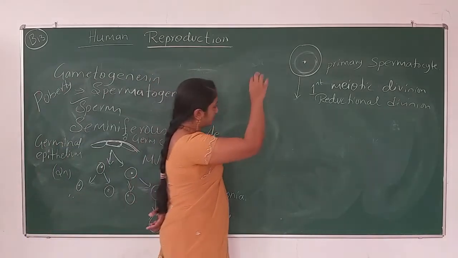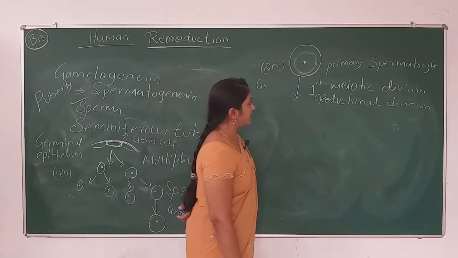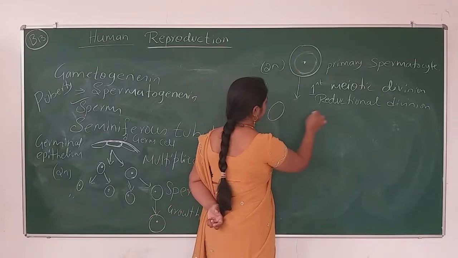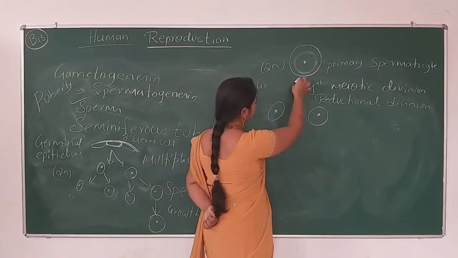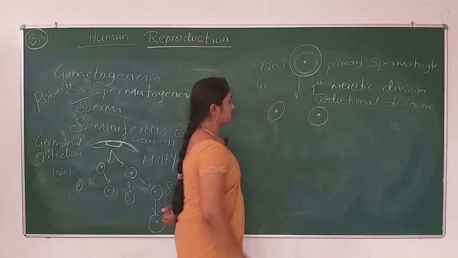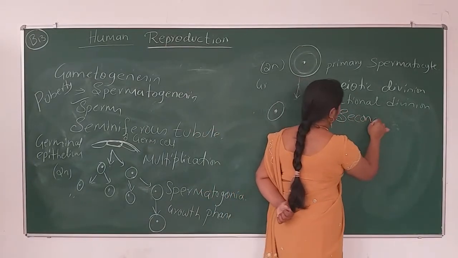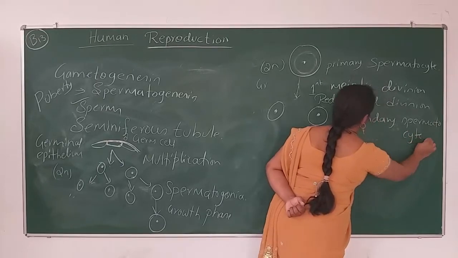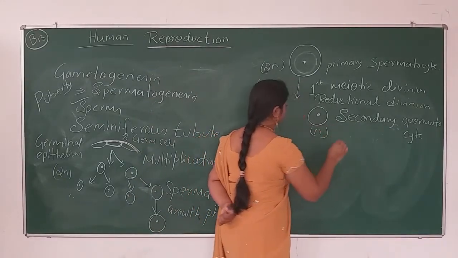When the primary spermatocyte undergoes the first meiotic division, it reduces its chromosome number, and the two resultant cells are known as secondary spermatocytes, where the chromosome number has reduced.